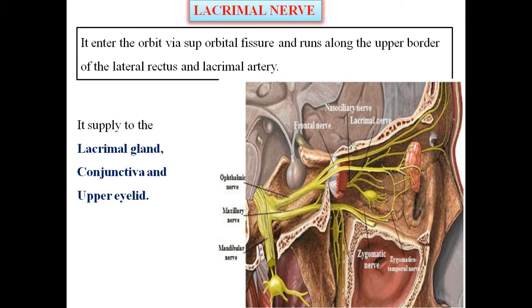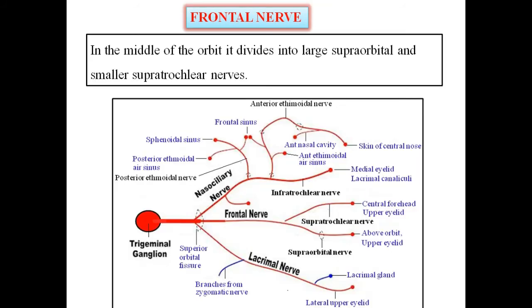So let us see the frontal nerve, which passes through the superior orbital fissure and enters the orbit. Then at the level of the middle of the orbit, it divides into two branches: the supratrochlear nerve and the supraorbital nerve.